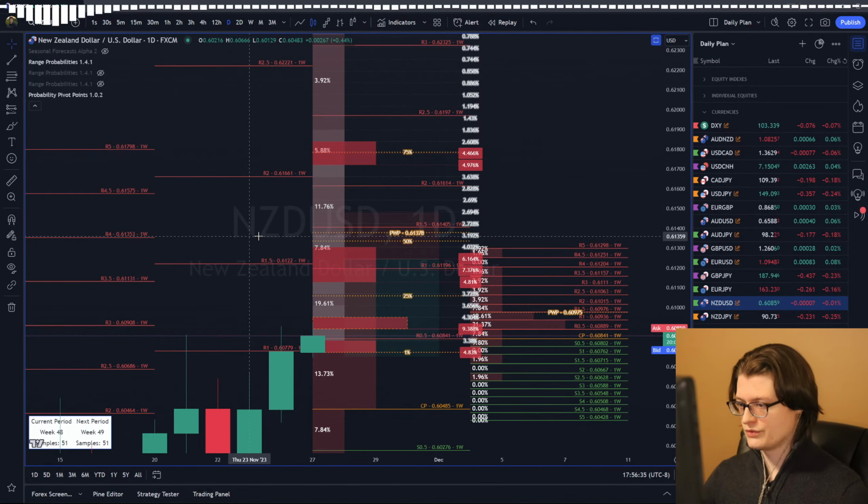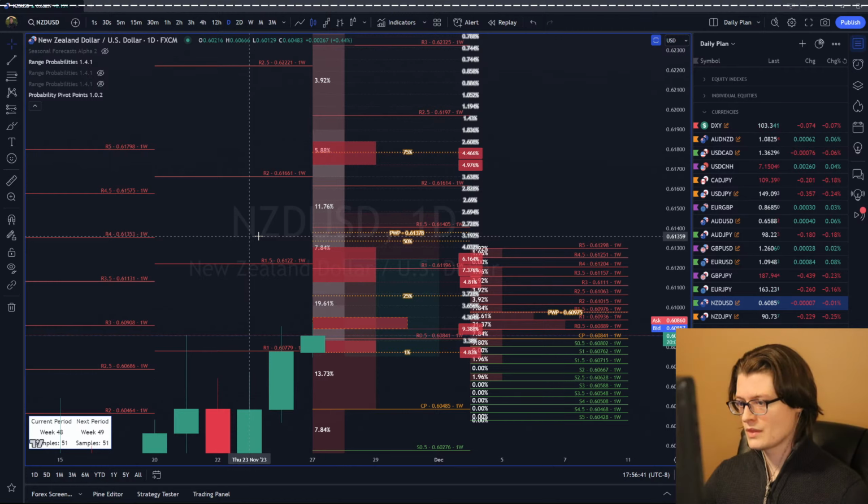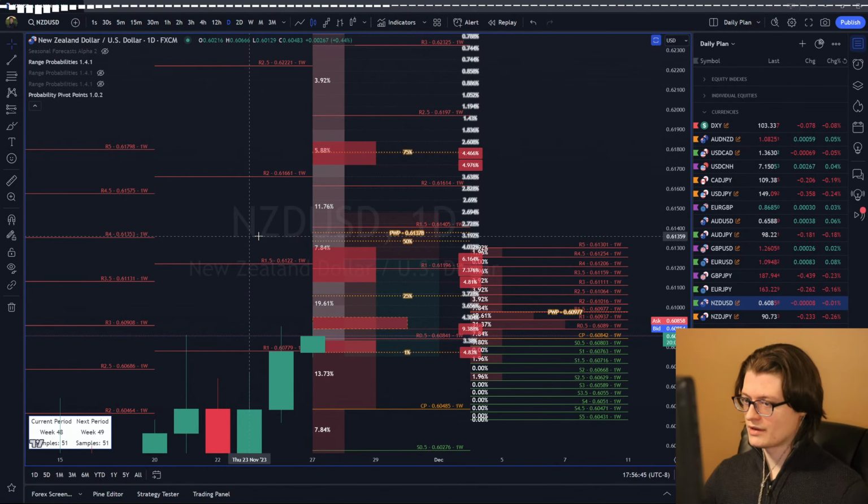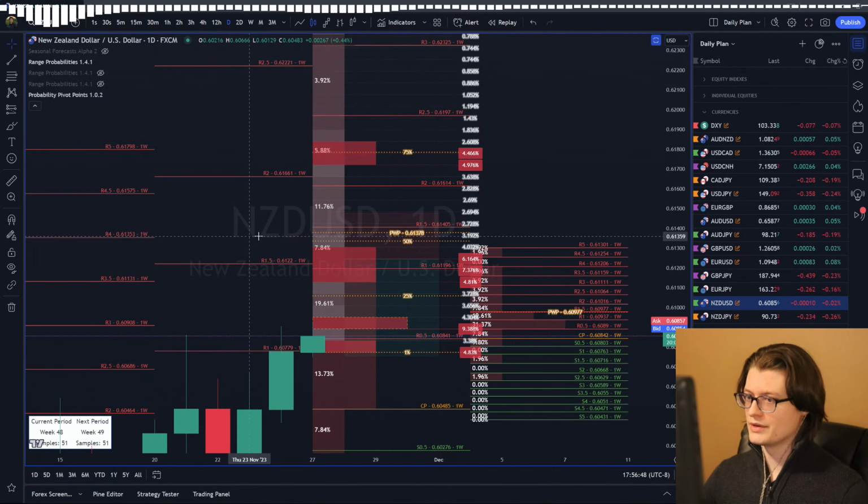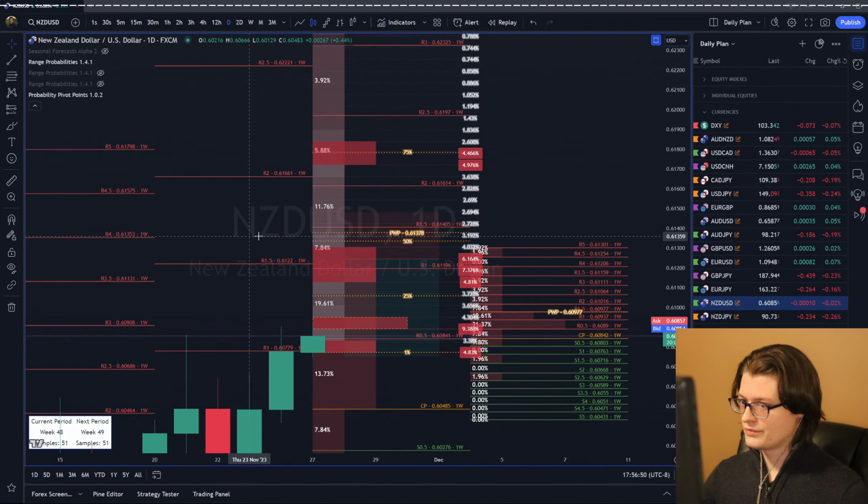There's all sorts of ways to try and value where a top or bottom is likely to come in. But I prefer having actual probabilities from the data that I'm viewing.